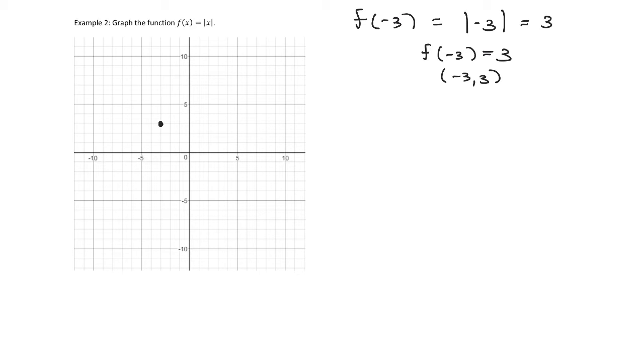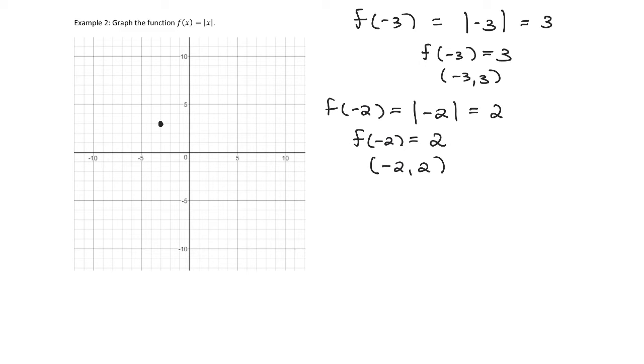Okay, moving along. Let's see, f of -2, I think I see what's going to happen here, but this is the absolute value of -2, which changes it to +2. That is, f of -2 is the same thing as y is equal to 2, or -2 comma 2. So let's see, at -2 we get 2.